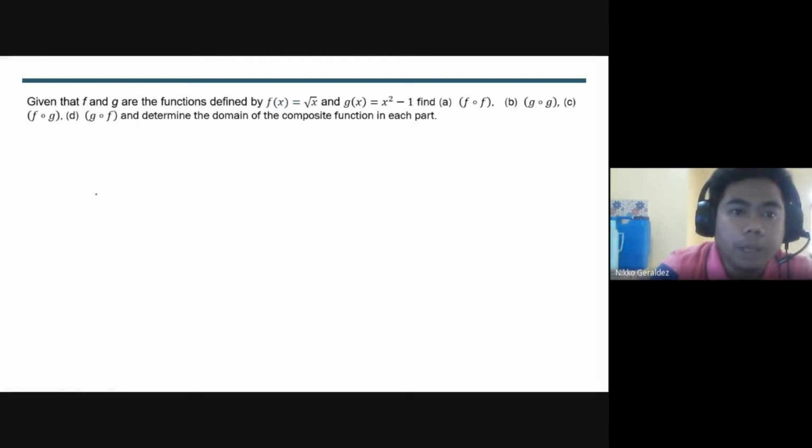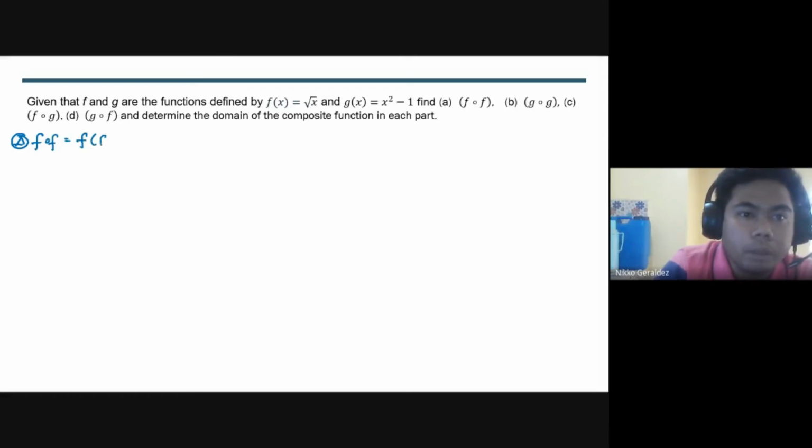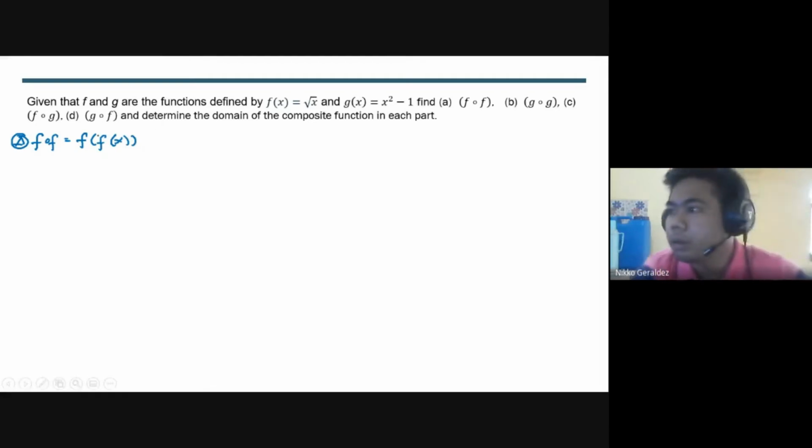So, letter A. Solve for f composed of f, or f of x. So, what is f of x?